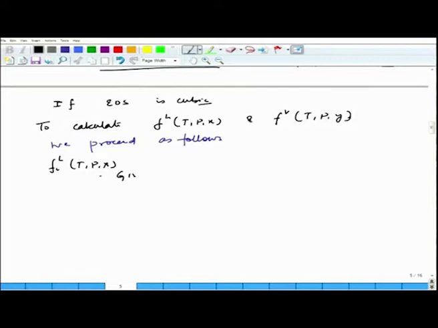Given T, p, x, calculate the equation of state variables, which are usually a and b if it is a cubic equation. So these are the parameters of the equation of state.